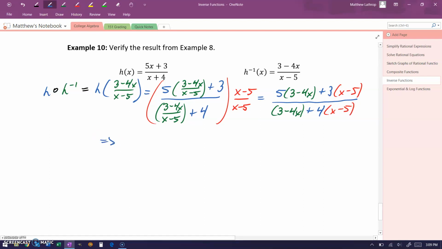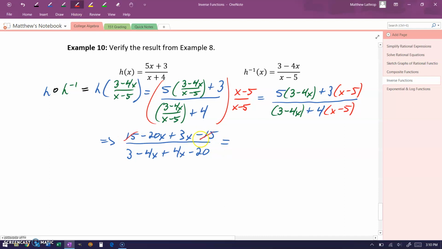What we'll do next is distribute through to get 15 minus 20x plus 3x minus 15 all over 3 minus 4x plus 4x minus 20.